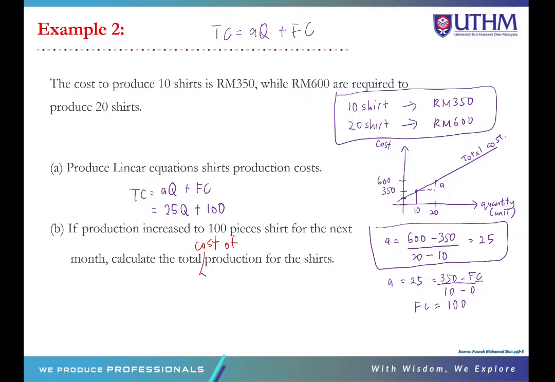By using the equation that you already got in question A, just substitute the value of Q. So the total cost for the 100 shirts equals 2,600 ringgit Malaysian.